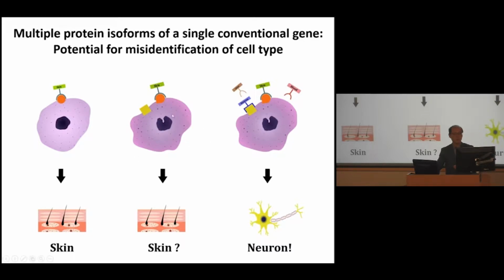So can we say that this is a skin cell? I hope not. So by using second antibody now, this cell can be confirmed as a neuron instead of skin. I'm just using kind of extreme illustration and example here. So by not looking at the right isoform of a conventional gene, we might be misled. But with the current system, there's no way that we can find out whether we are misled or not.